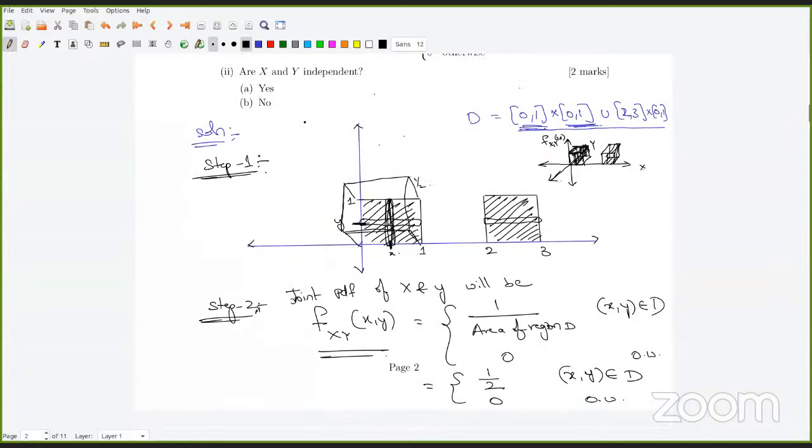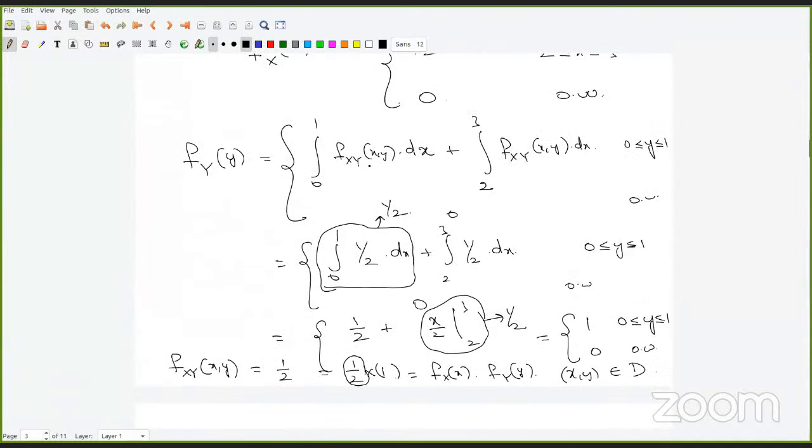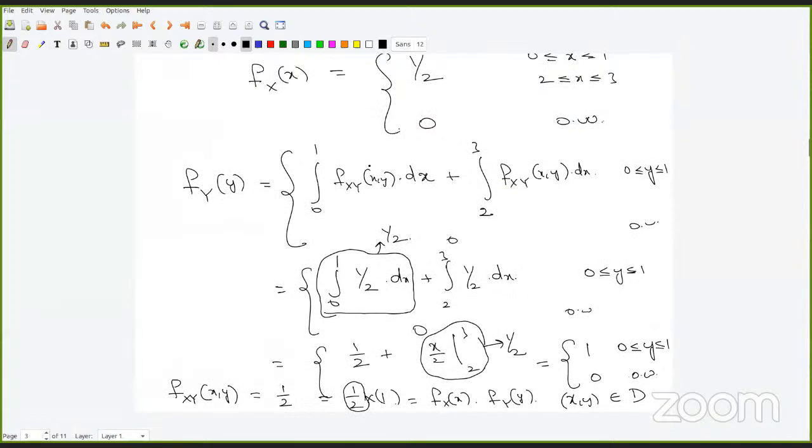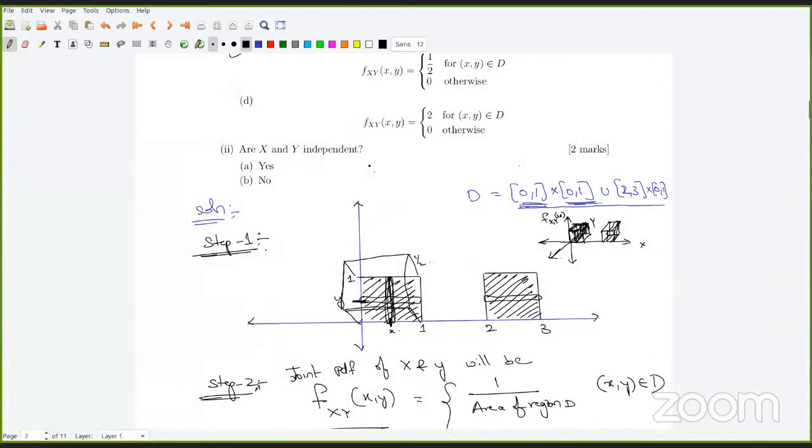So here, sir, can we complete this? Here the joint PDF is half, and the product of the marginal distributions is half into 1, which is half, so it is independent.